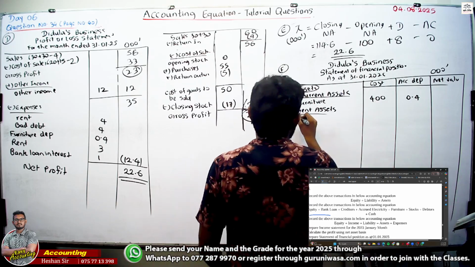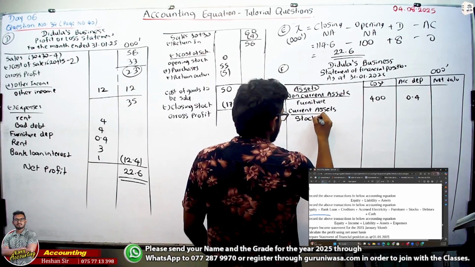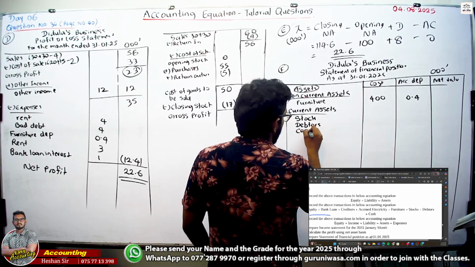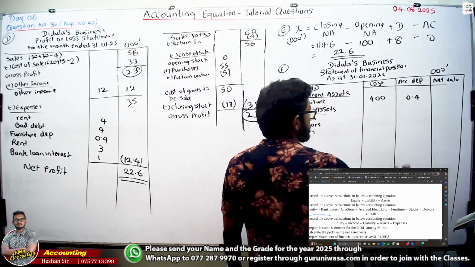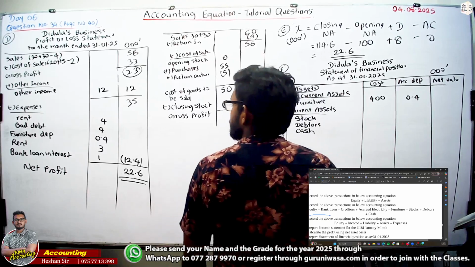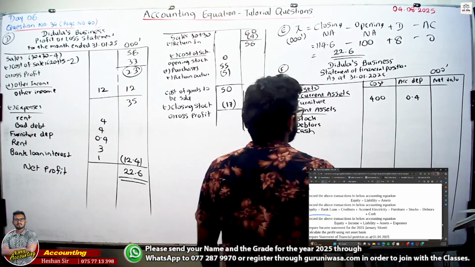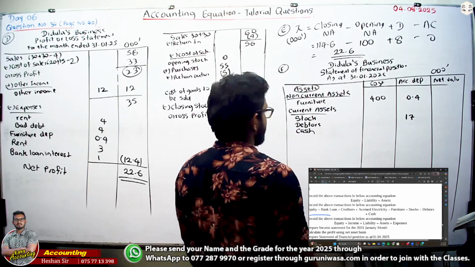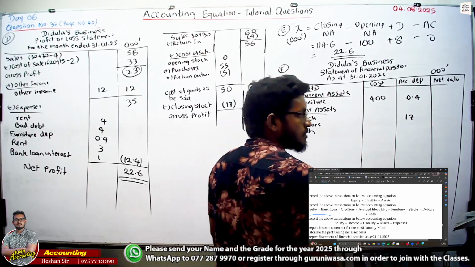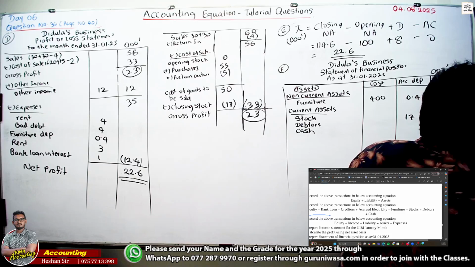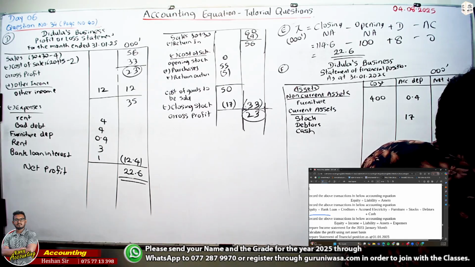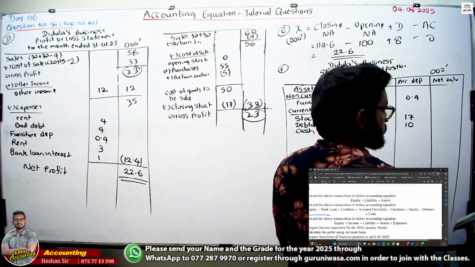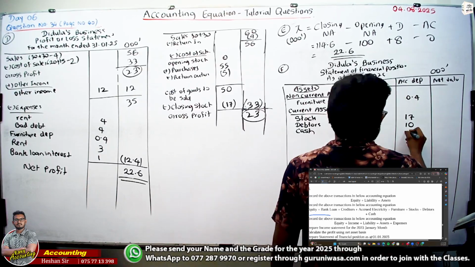So you know stocks. Debtors and how much the stocks? Is it 17, right? Yes, sir. 17. Debtors, 10. Cash 106.